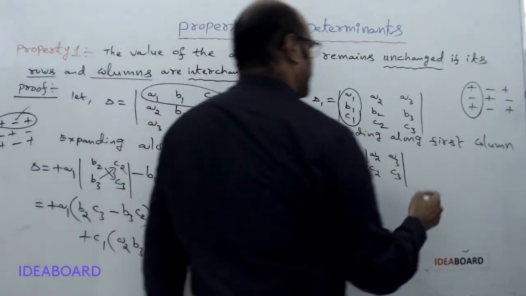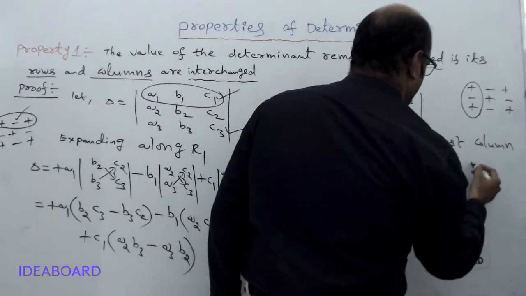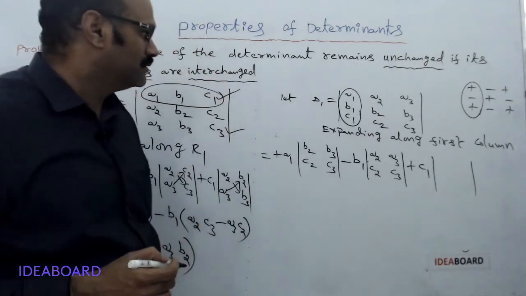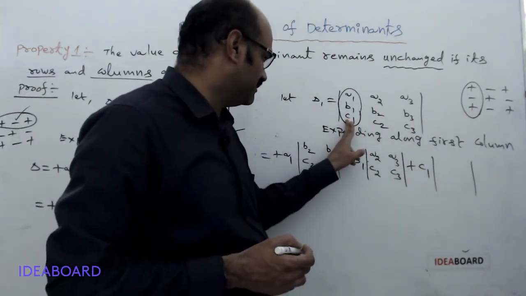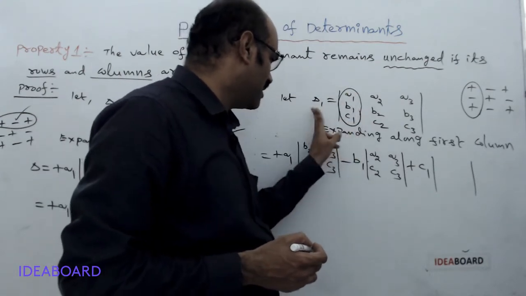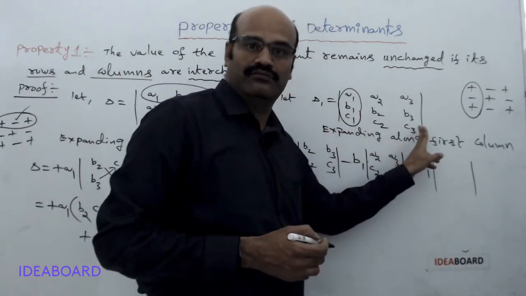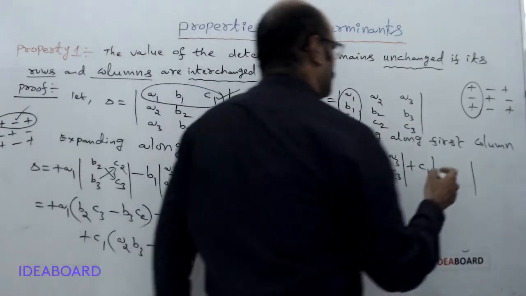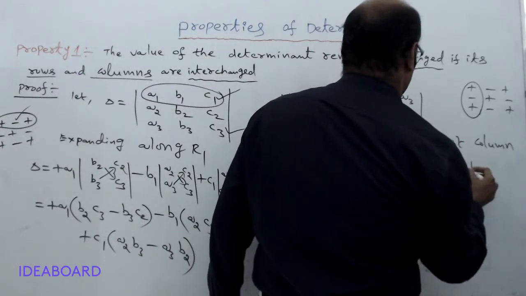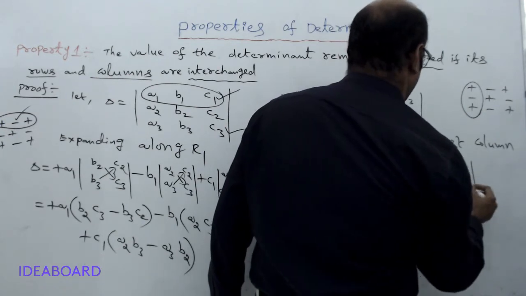Now plus C1 into determinant of, for C1 we have plus here. The element C1 lies in the first column and third row, so we close the first column and third row. Then the remaining 4 elements are A2, A3, B2, B3.